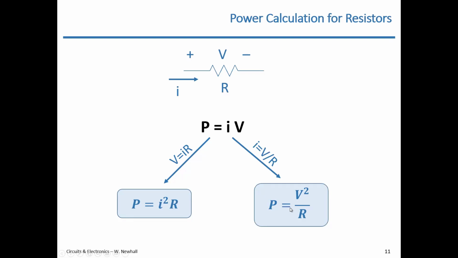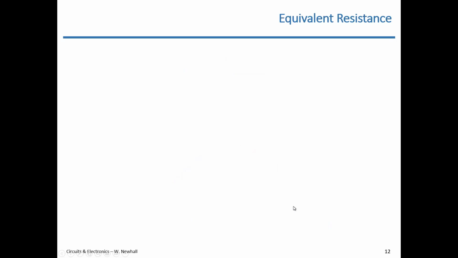So oftentimes you're working in a circuit that has multiple resistors or multiple resistances. And you might want to combine resistors for different reasons. Maybe it's just for analysis, or maybe you have to use multiple resistors to either get a specific resistance value or to be able to handle the power that the combined resistance needs to handle.